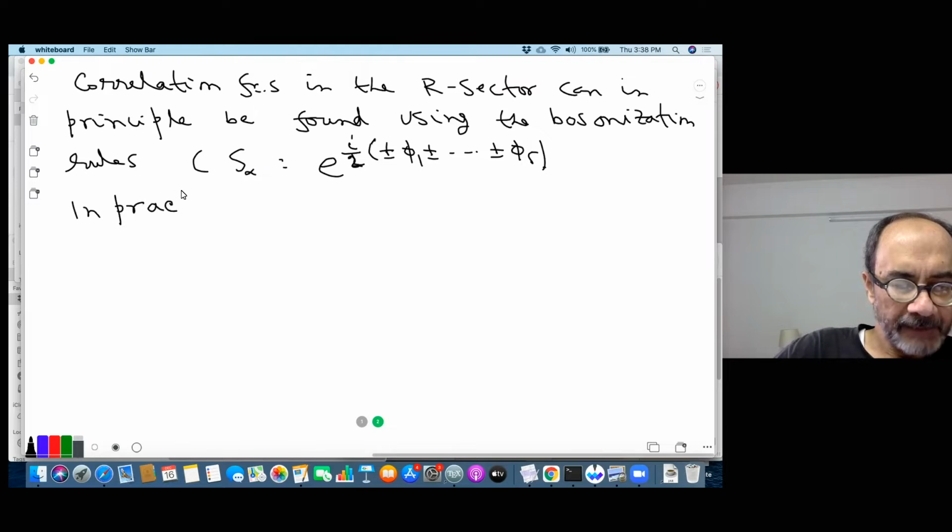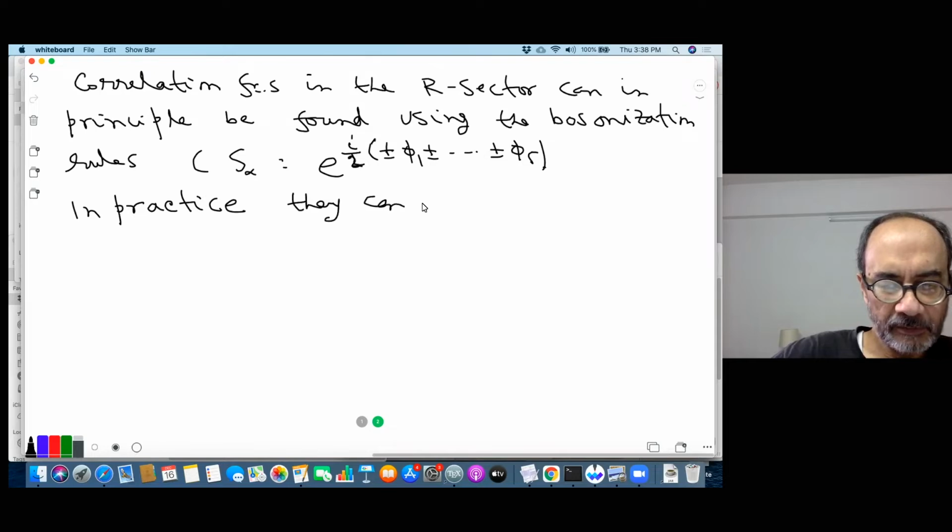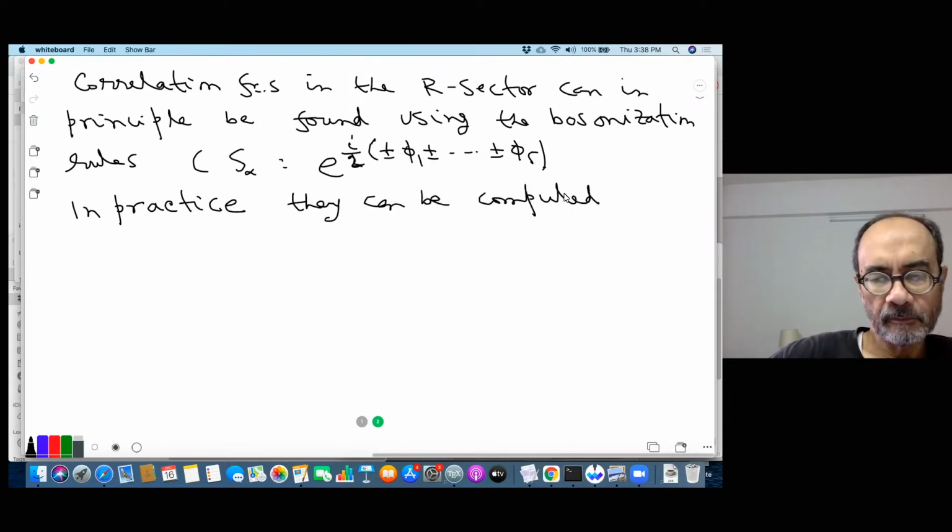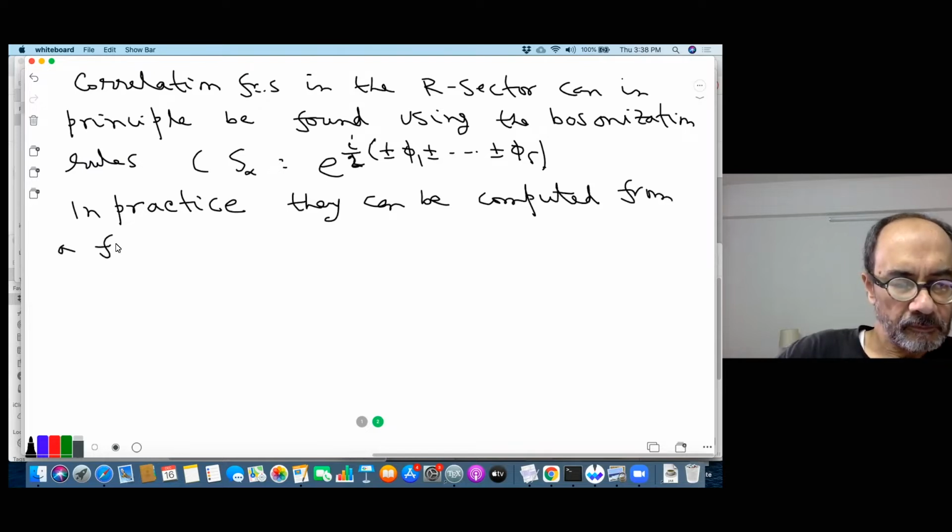So in practice, we can just specify a few OPEs, which you can compute from first principles, and then everything else can be derived from those OPEs. So in practice, they can be computed by a few operator product expansions, which I'll write down, and then, of course, analyticity.